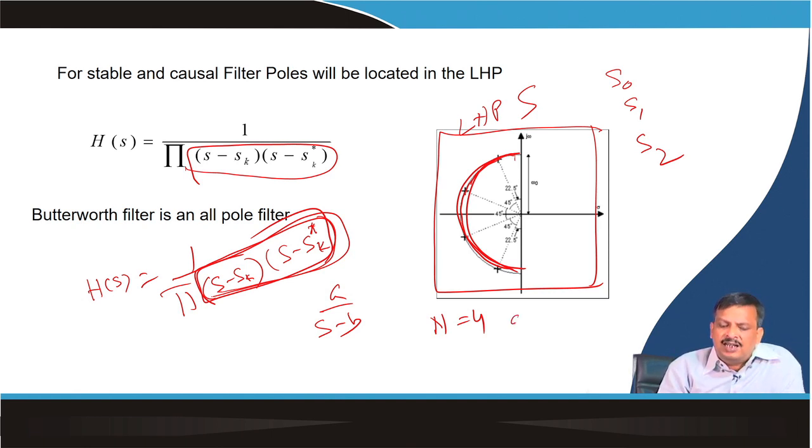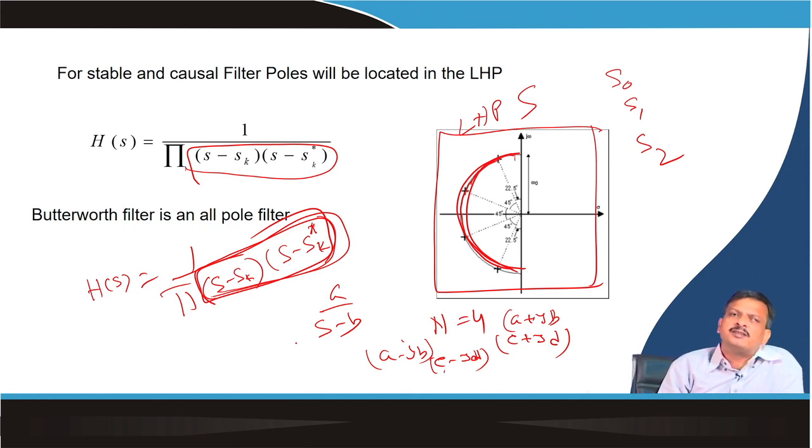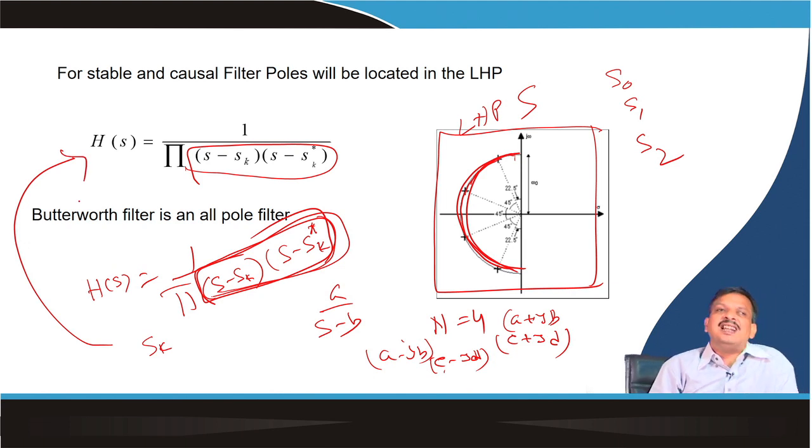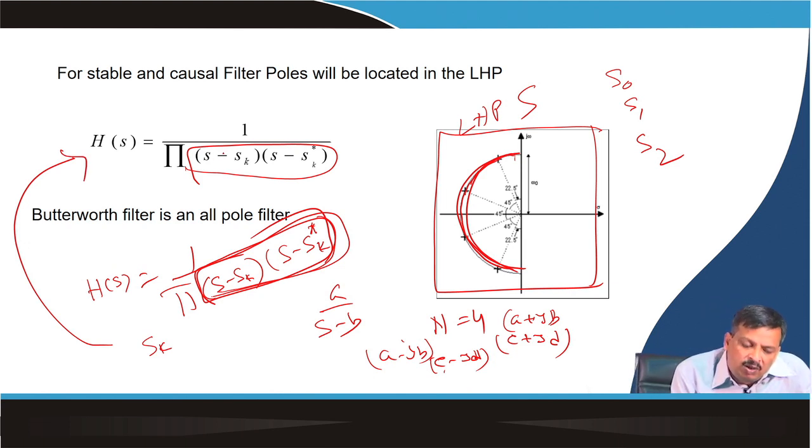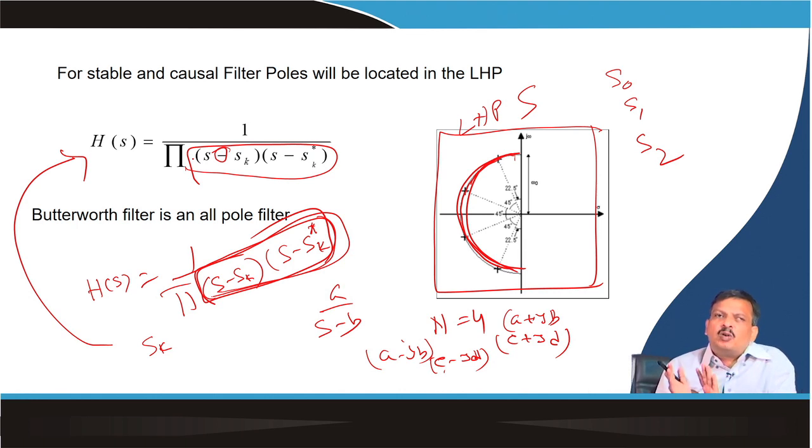If the first one is A plus jB and the second is C plus jD, then the third will be A minus jB and the fourth C minus jD. All occur in complex conjugate manner. The product of these gives the transfer function H of S. Once I know Sk, I can derive H of S, with all poles in the left half of the S plane.